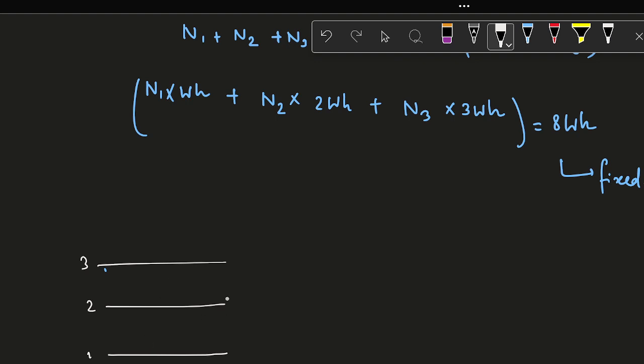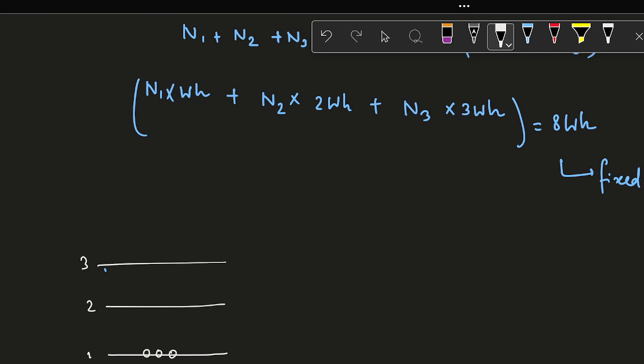Now the people can be standing on the same step or divided into different steps. So what are the different configurations possible? Let's say these circles are representing the people. All 3 people can be standing on the first step itself. That is one possibility.